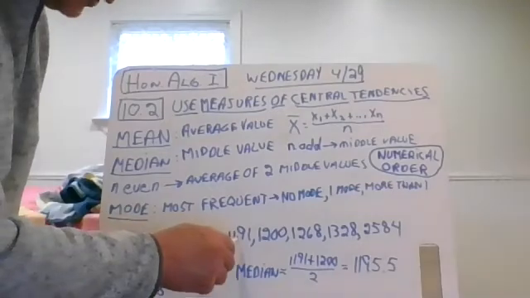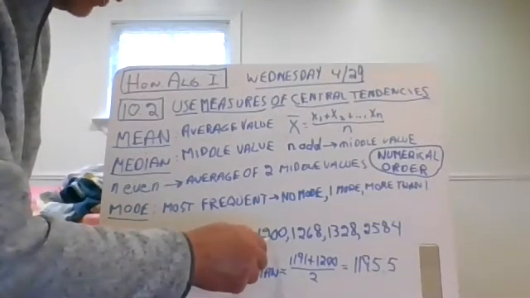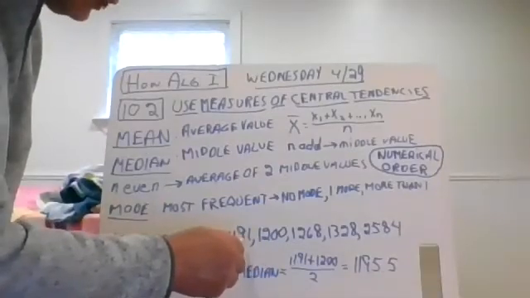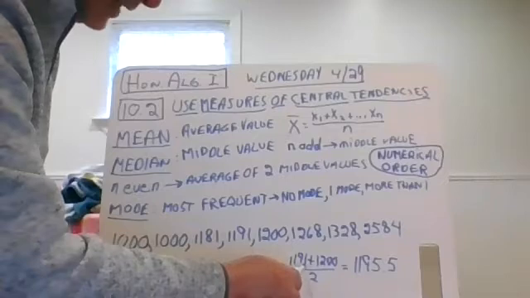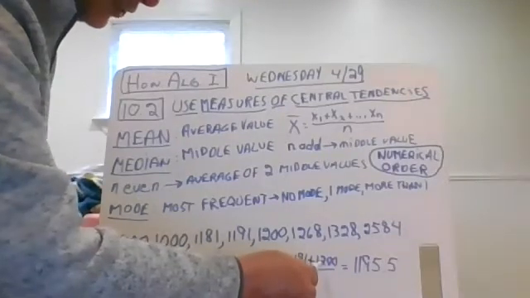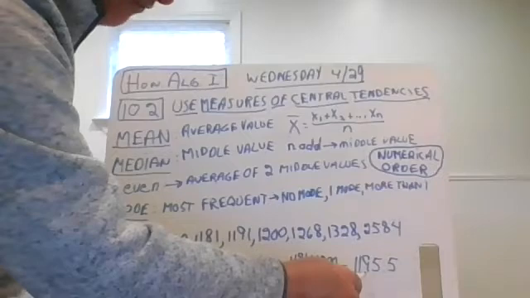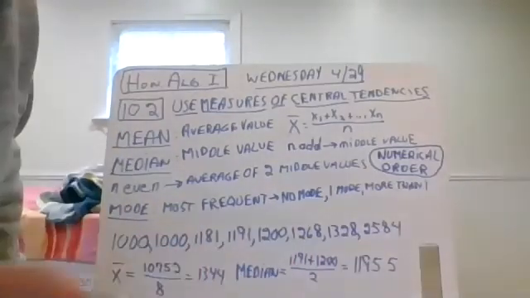So 1, 2, 3, 4 is 1,191, and the 5th is 1,200. So now you take the average of those 2 numbers. So it's 1,191 plus 1,200 over 2, and that's 1,195.5. And that's the median.